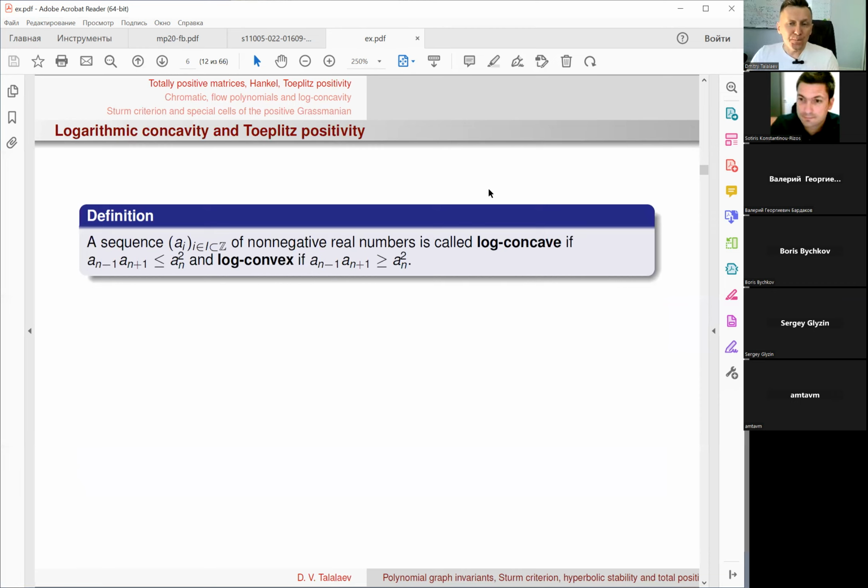Another subject, but in fact strongly related to the total positivity properties. Let us consider a sequence of non-negative real numbers a_i, and this sequence is called log concave if we have such an inequality, and log convex if we have the inequality in the inverse order.